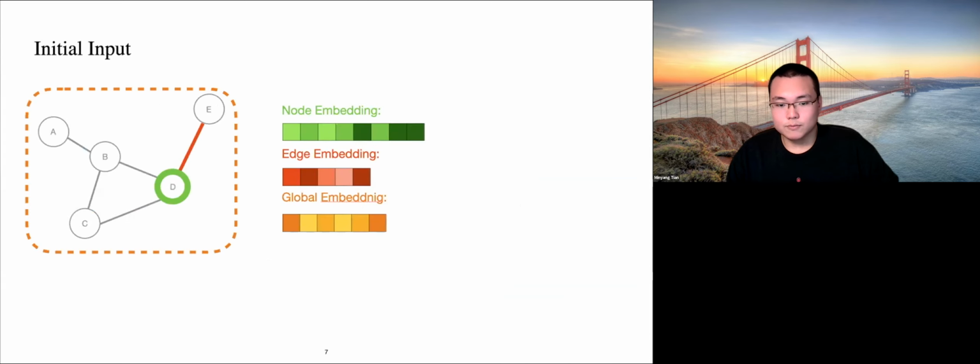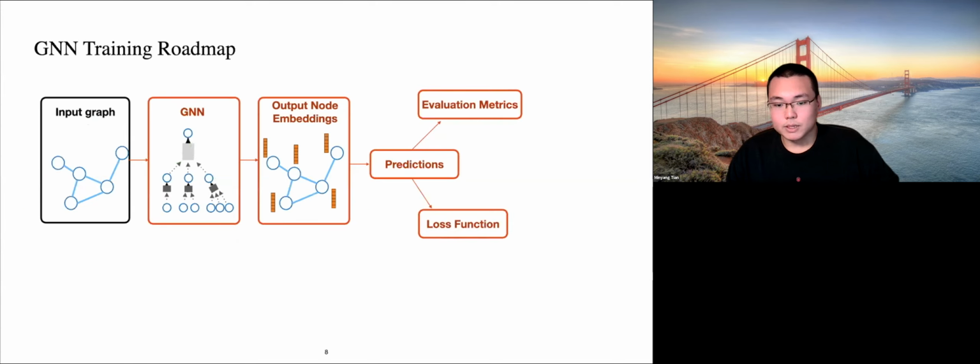So to further describe the graph, for each node, edge, or the entire graph, we can store information in each of these pieces of the graph. And yeah, we can see the GNN training roadmap. We have the initial encoding of node, edge, and the whole graph based on the nature of your graphs.